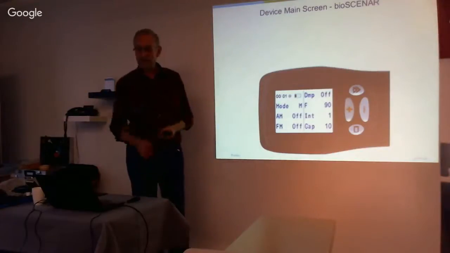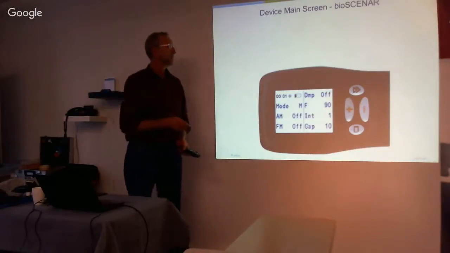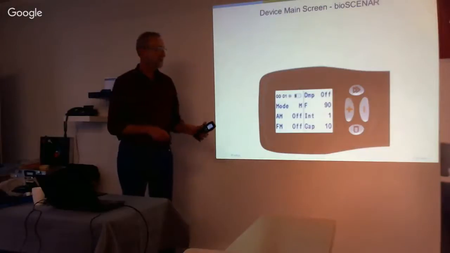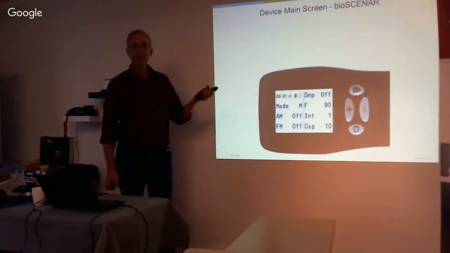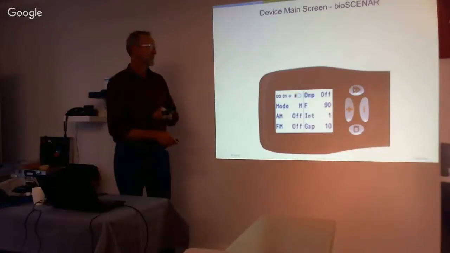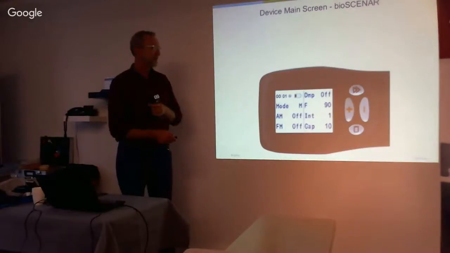You turn your machine on with a button on the side, and you get this screen which indicates that you're in manual mode, that you can use the Scenar. It is automatically set to a frequency of 90 Hertz.